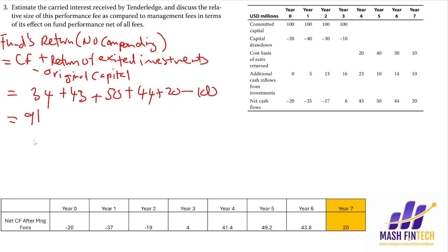And then the return after management fees, after you take into account the management fees, this is equal to 91. Remember, we calculated our management fees previously as 8.6. So you subtract 8.6 and then you get a return of 82.4 million.